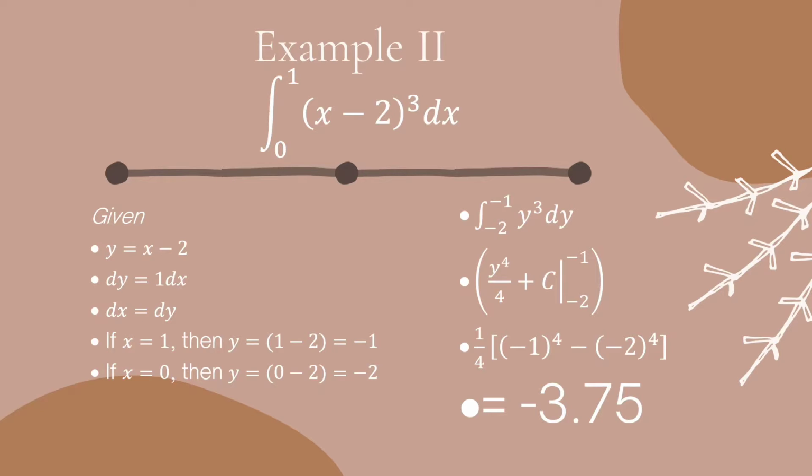So from negative 2 to 1, y cubed dy, kunin natin yung antiderivative, 1/4 y to the 4th power. Lagay lang natin yung bagong boundaries dun sa equation. So ang magiging sagot natin is negative 3.75.